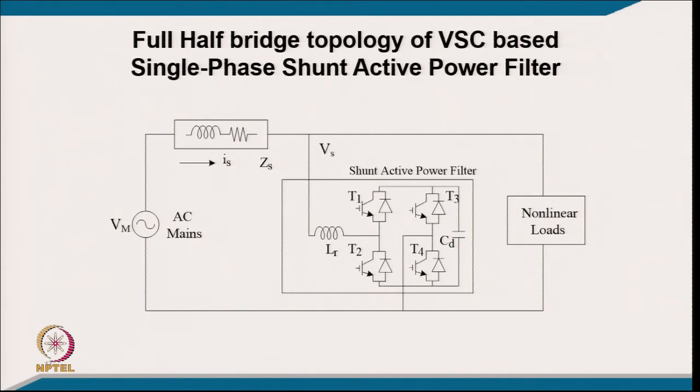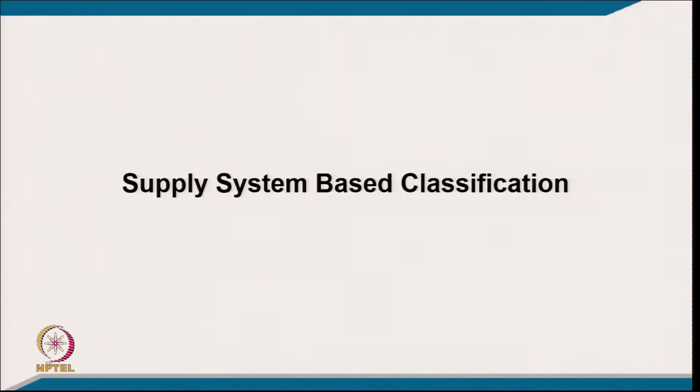Virtually, this bridge structure has many benefits. You can use unipolar switching. Whatever ripple is present in the voltage will be of double the frequency at which you are switching the devices. That is a very specific benefit of this H bridge, and this is typically a shunt active filter with the bridge, normally used in the case of single phase.